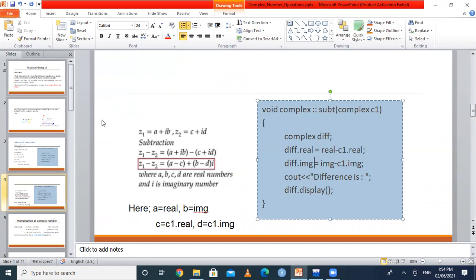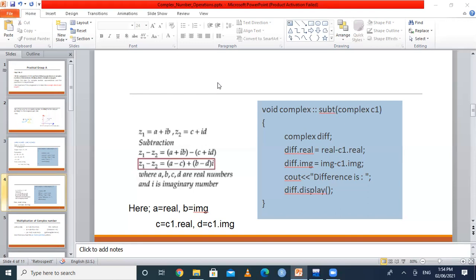But in case of multiplication, can we do it like this, multiplication of the real part and multiplication of the imaginary part, as we did in addition and subtraction? Yes or no? Can anyone tell me? So the answer is we can't do it like that.